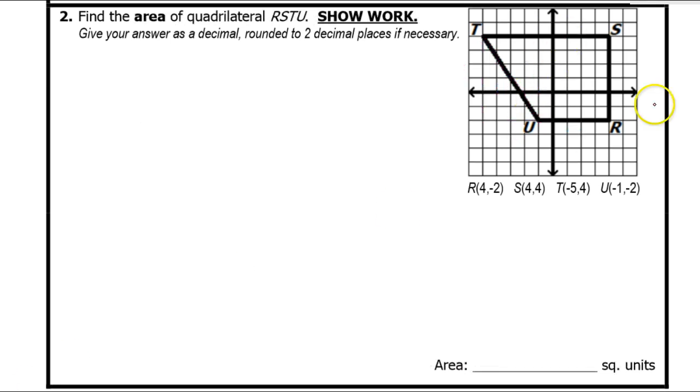To find the area of a polygon, I'm going to split this up into areas that I can easily calculate. If I just draw a vertical line right here, that's the simplest thing to do. Then I will have area 1 and area 2, a triangle and a rectangle. I will find both of those areas and add them up.